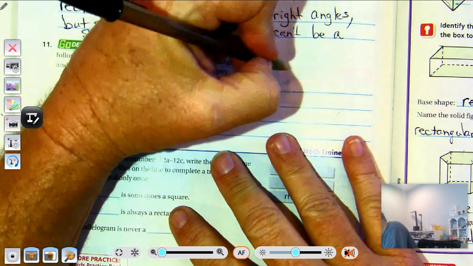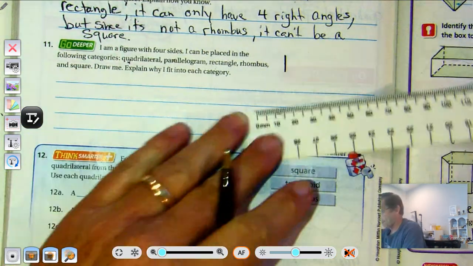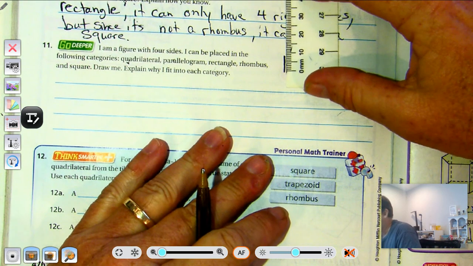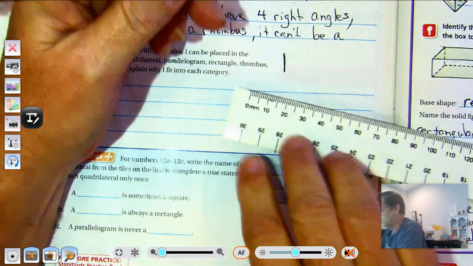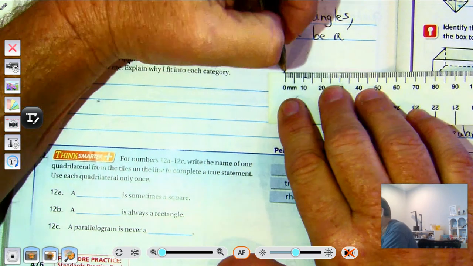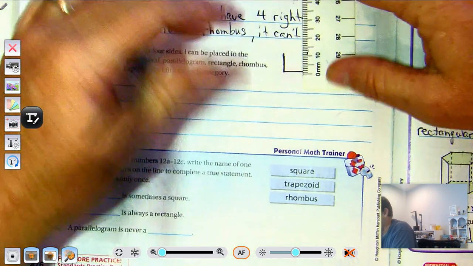Okay, so all sides have to be equal. So I'm going to make a four-sided figure that is 10 millimeters on each side.